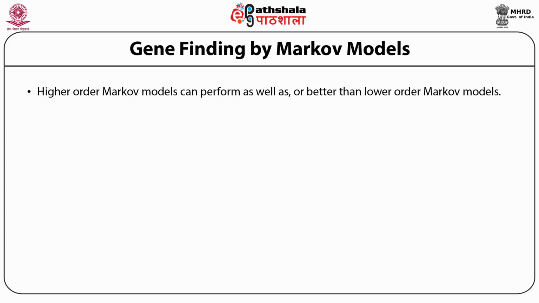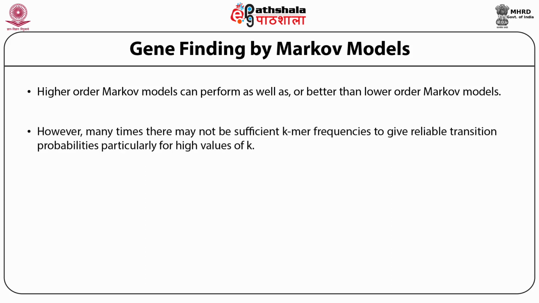That is, any model which works at, say, 5th order frequencies generally performs better than 4th order or 3rd order or 2nd order. However, if your training set, from which you are obtaining the frequencies, the probabilities, is not large enough, then you cannot reliably create a high order Markov model.